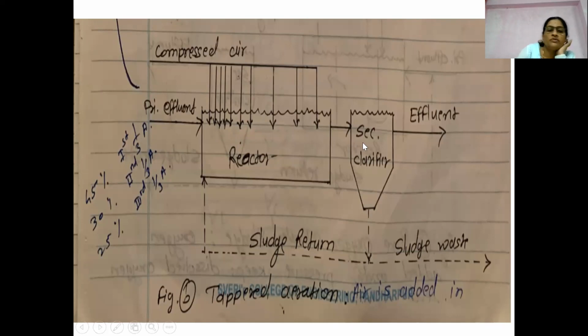So this way tapered aeration will save the consumption of extra oxygen, it will save the cost, and it will effectively reduce the organic matter. It will effectively perform the decomposition of organic matter. So that's why this is one of the accepted aeration processes.